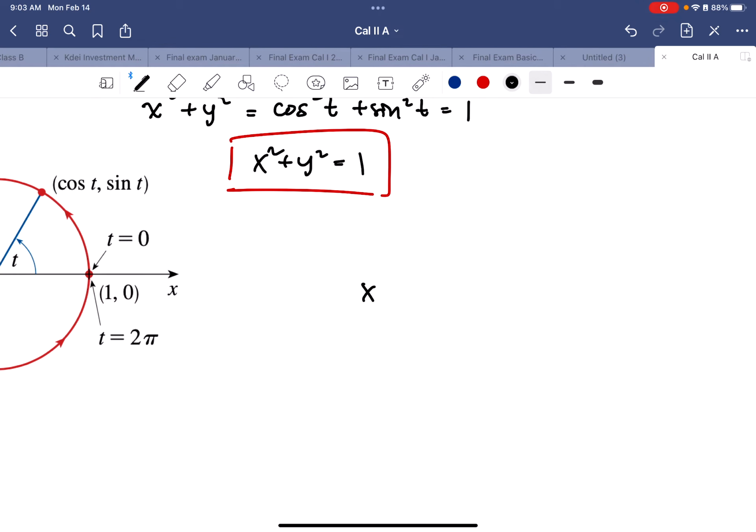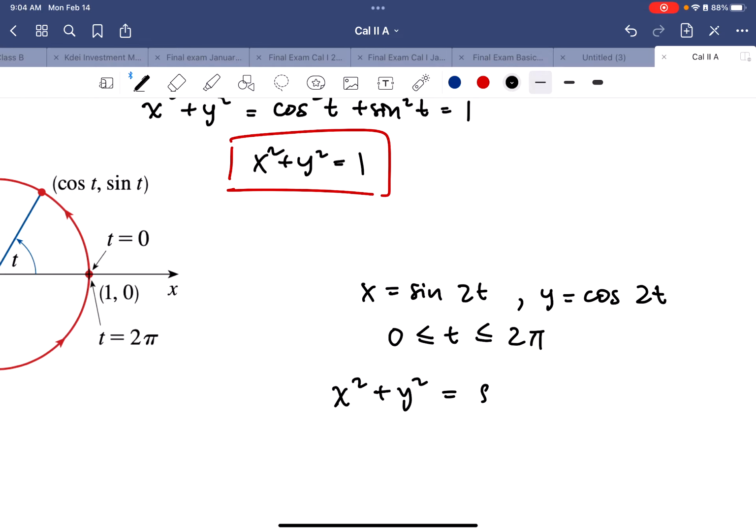If we have x equals sine 2t and y equals cosine 2t, and t is from 0 to 2 pi, and again with the same process, we can have this.